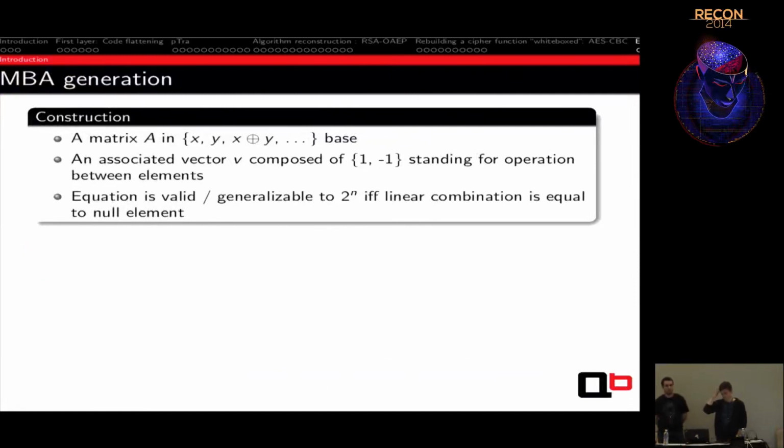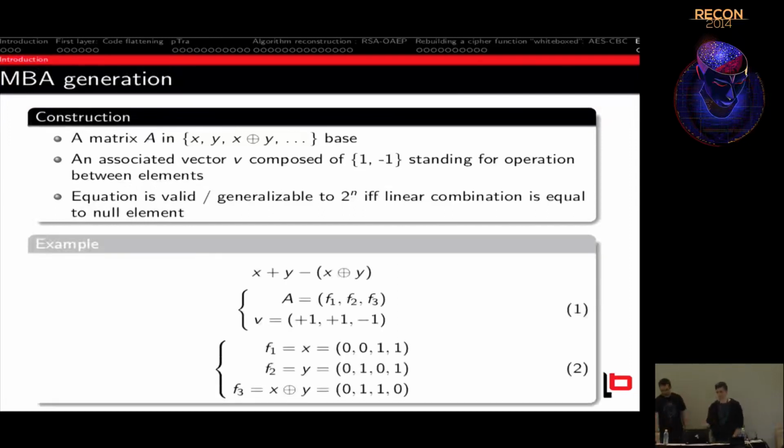We use just a matrix and its associated vector. The matrix is in the base GF2, that's to say x, y, x XOR y, not x, not y, etc. The v vector is composed only of 1 and -1. And we can say an equation is valid and generalizable to 2 power n if and only if there is a linear combination that is equal to null elements.